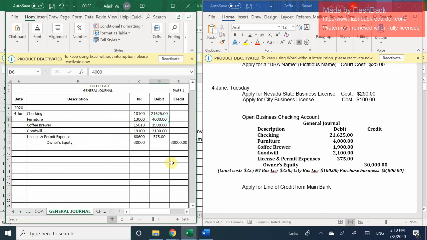Okay. All right. And then lastly, you're going to have to write a little description on the bottom just to indicate what has happened here. You could do start a business, but in this case, I put court case 25 and the NV business.